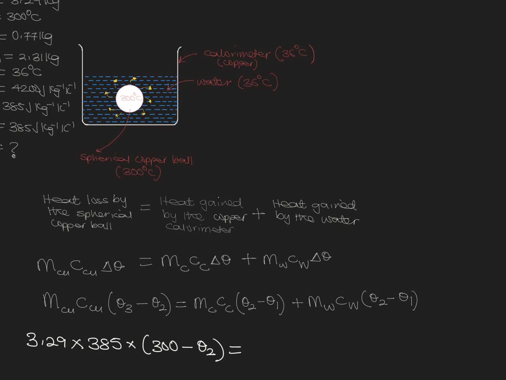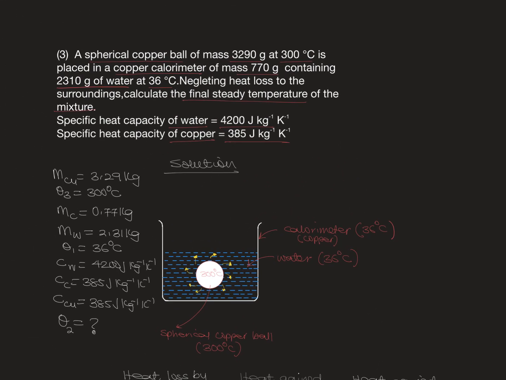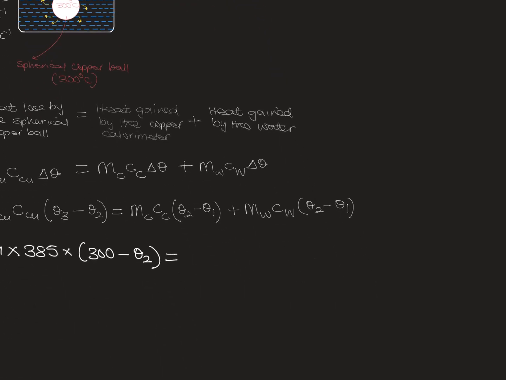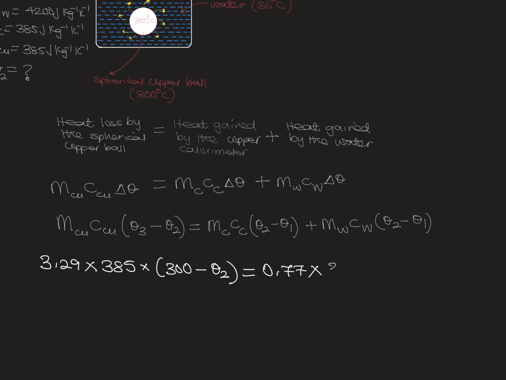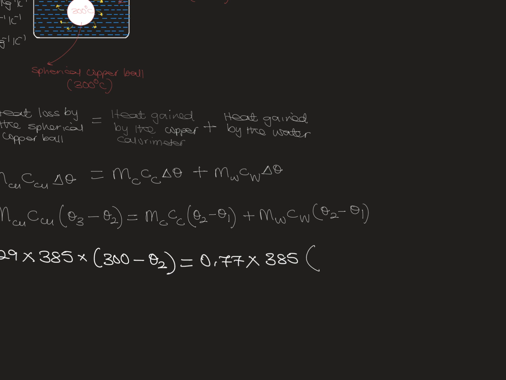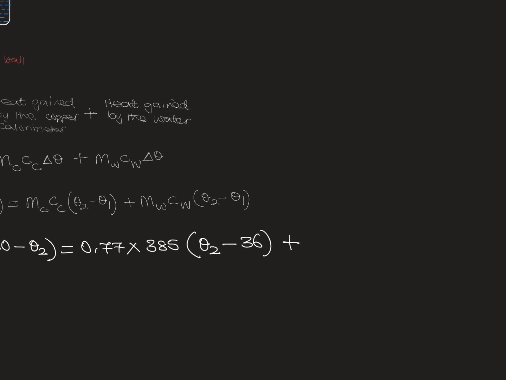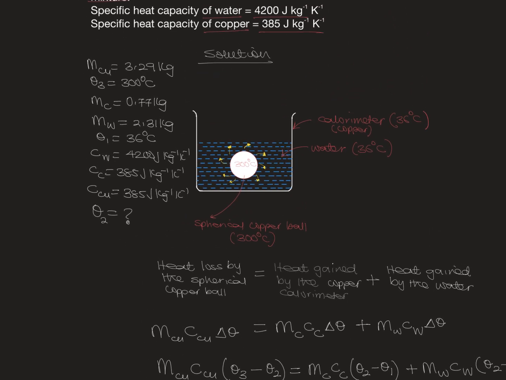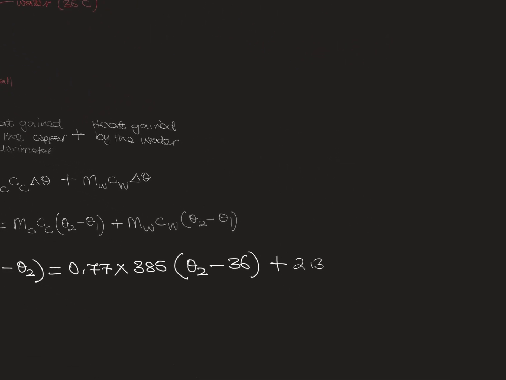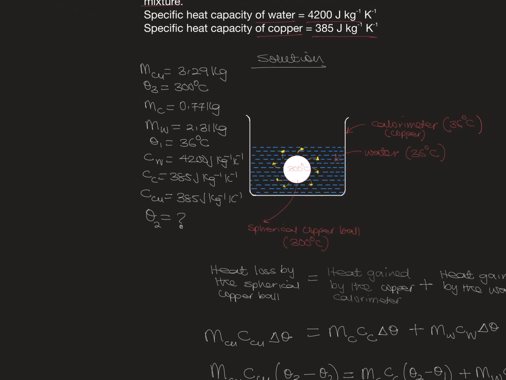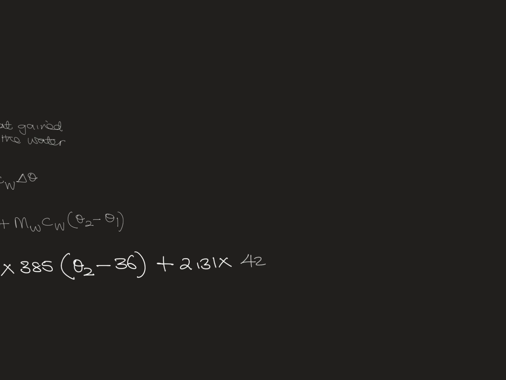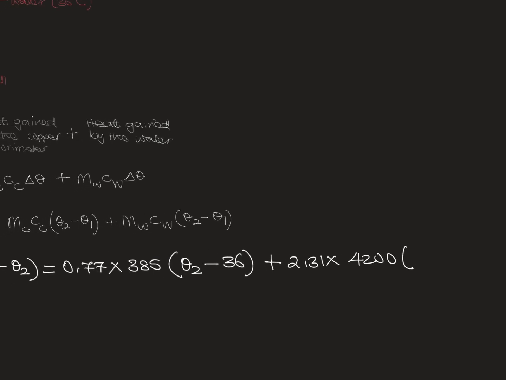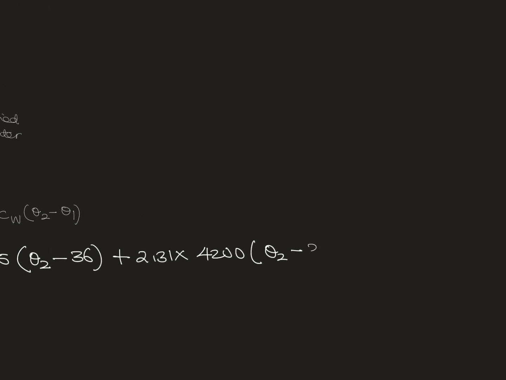This is equal to the mass of the calorimeter, 0.77 kilograms, times the specific heat capacity of the calorimeter, 385, times the final temperature theta 2 minus the initial temperature 36, plus the mass of the water, 2.31 kilograms, times the specific heat capacity of water, 4,200, multiplied by theta 2 minus theta 1, which is 36.